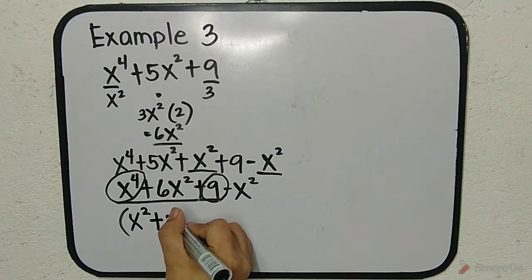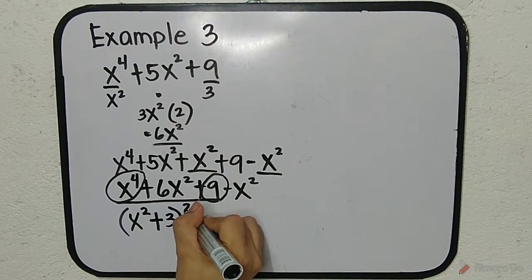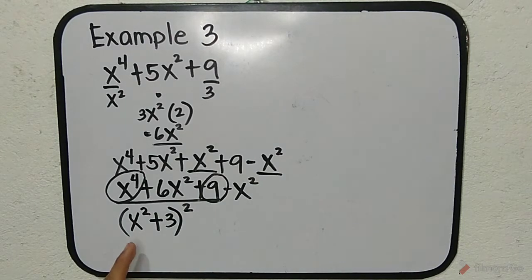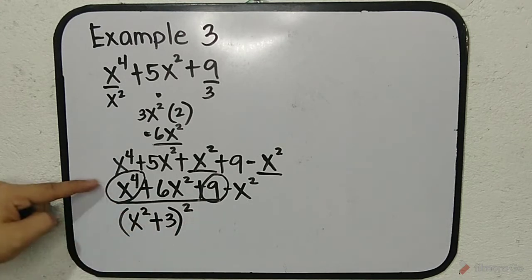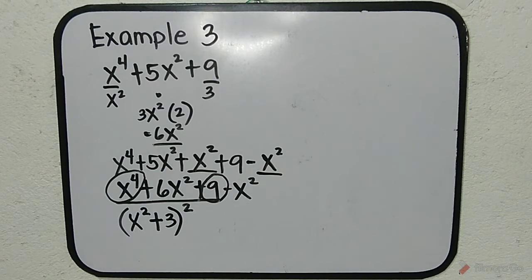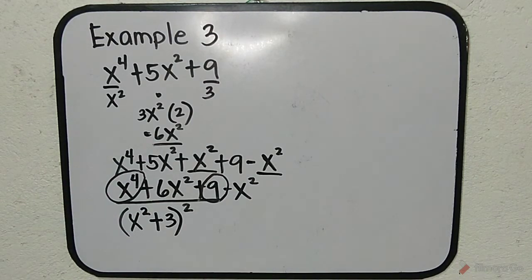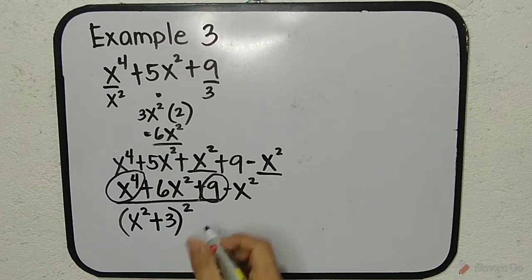The square root of 9 is 3. Kasi, quantity x squared plus 3 raised to the second power ay x to the fourth plus 6x squared plus 9. Pag pinag-multiply natin ang x squared plus 3 sa kanyang sarili, ang magiging sagot ay x to the fourth plus 6x squared plus 9. And then, we're just going to copy minus x squared.